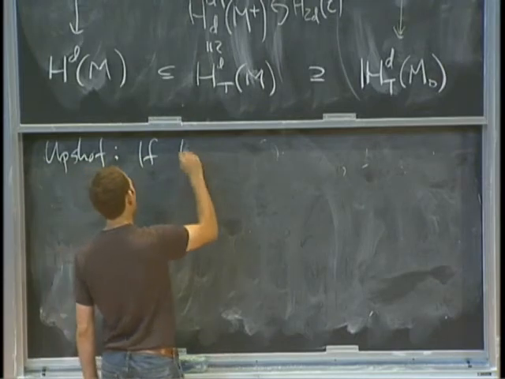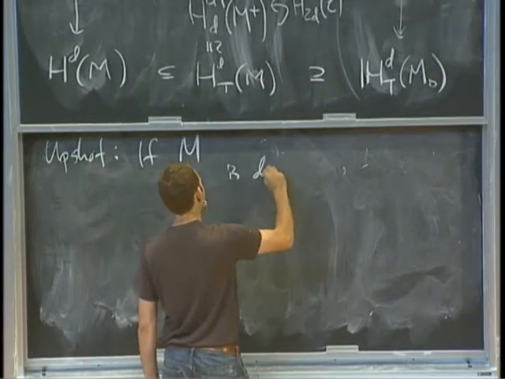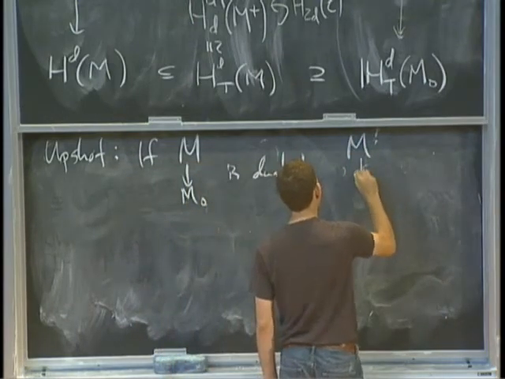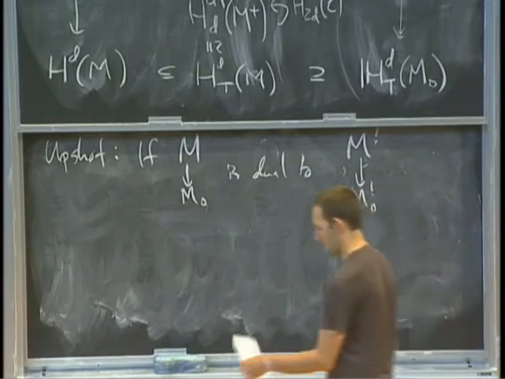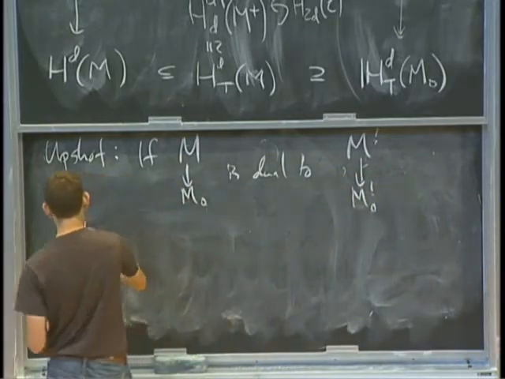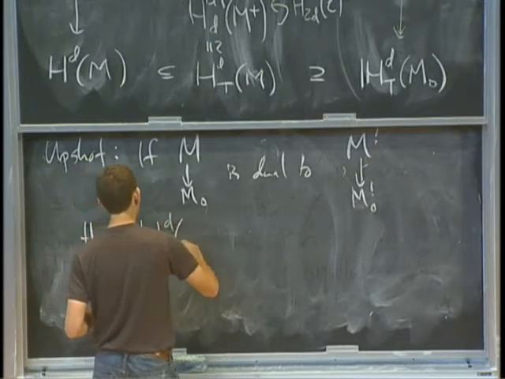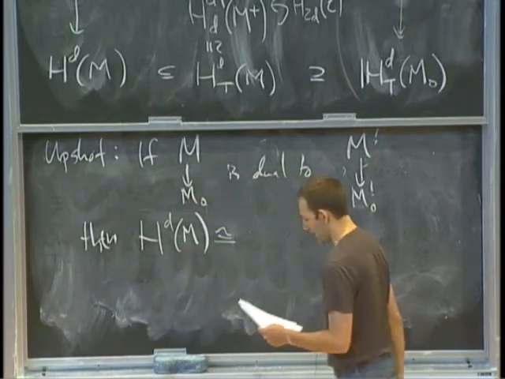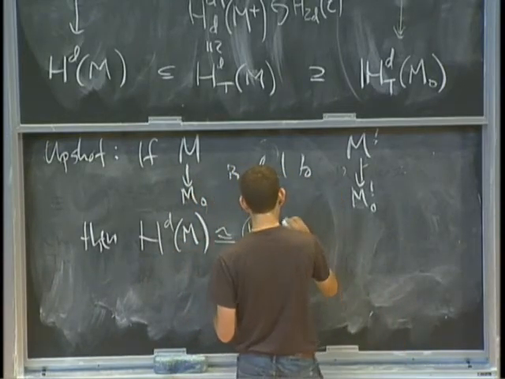So if M resolving M0 is dual to M shriek resolving M0 shriek, then I have the top cohomology of M, which, remember, is isomorphic to the span of the little simples.